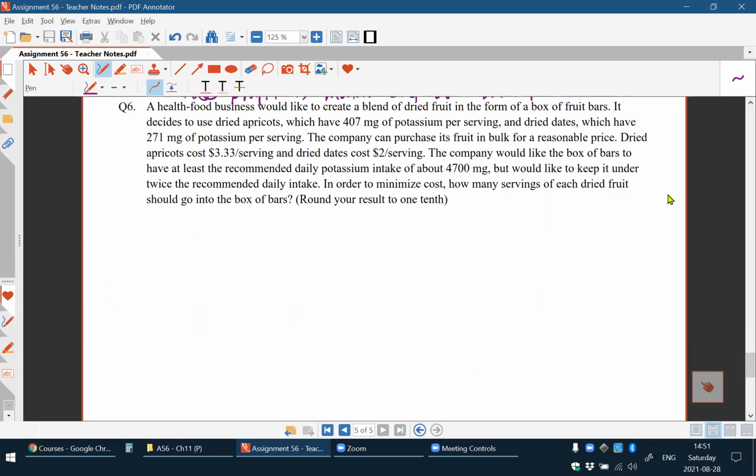A health food business would like to create a blend of dried fruit in the form of a box of fruit bars. It decides to use dried apricots, which have 407 milligrams of potassium per serving, and dried dates, which have 271 milligrams of potassium per serving.